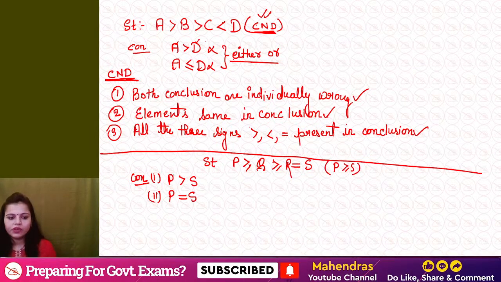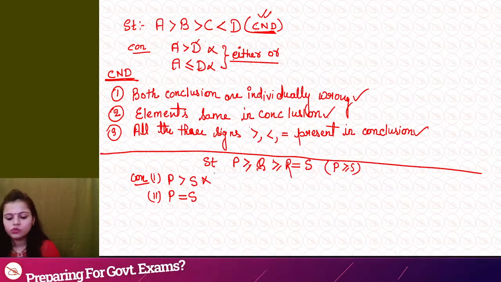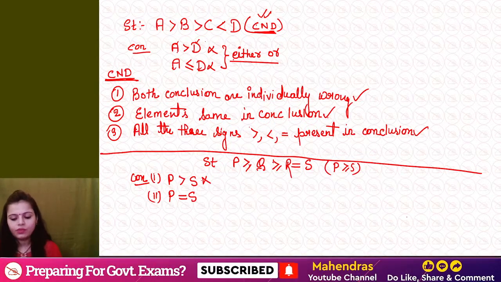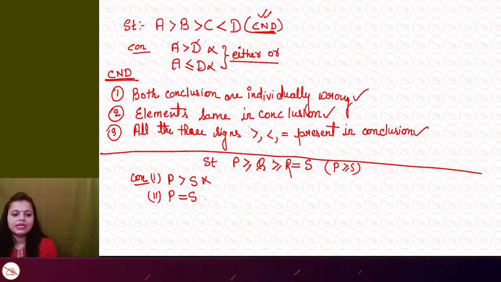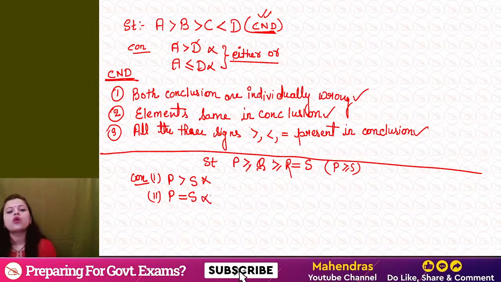But in conclusion one, we are getting P greater than S. So the first conclusion is wrong. Next is P equal to S. Again, the second conclusion is wrong. Why?